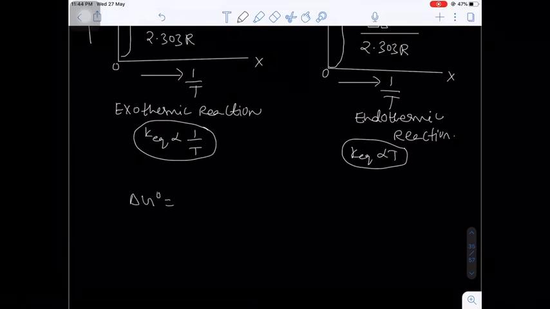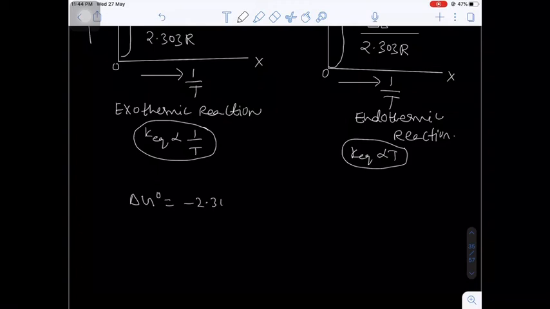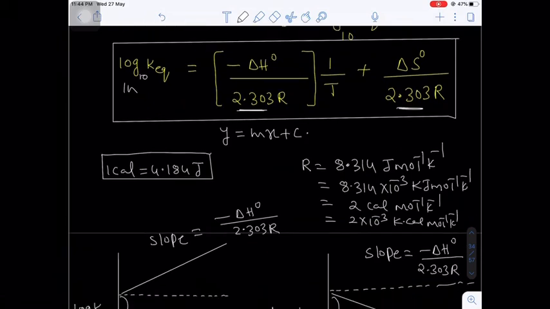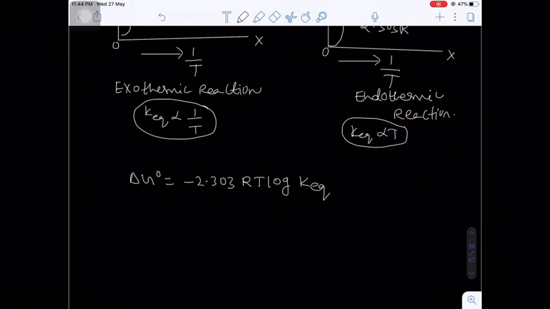Now here one more important thing. Delta G naught is equal to minus 2.303 RT log of K equilibrium. This is the expression I am writing.